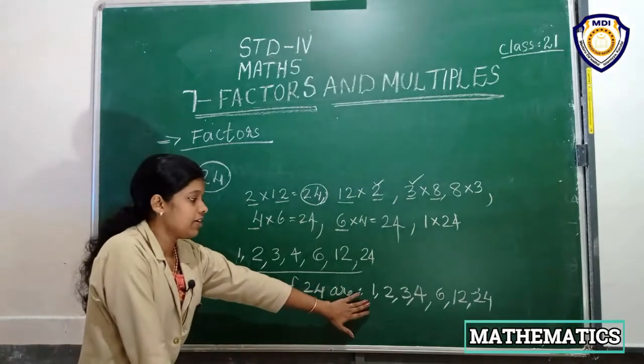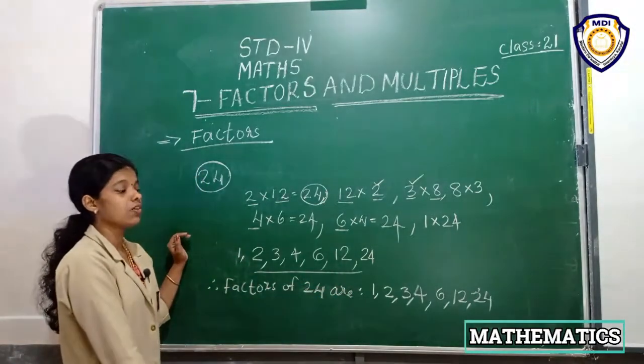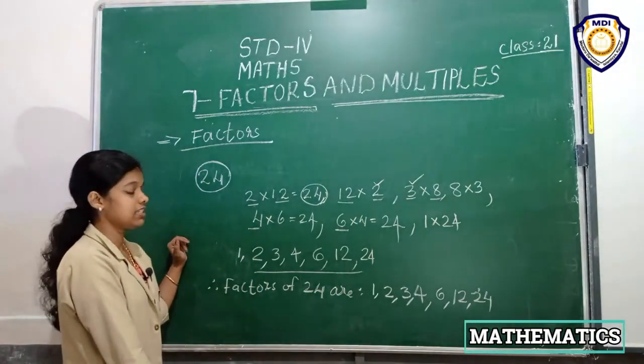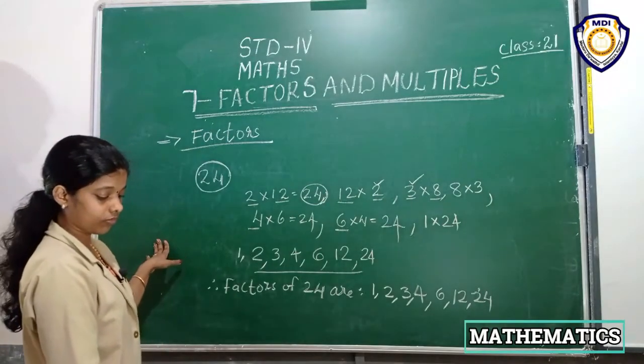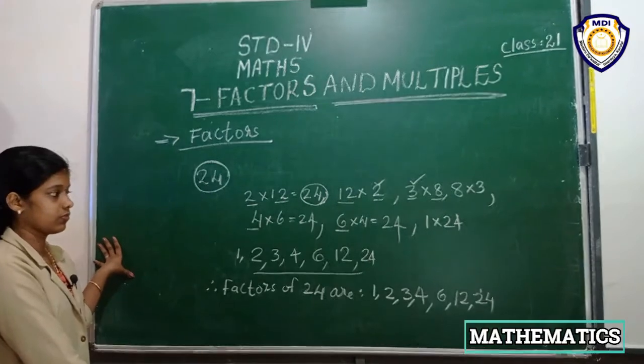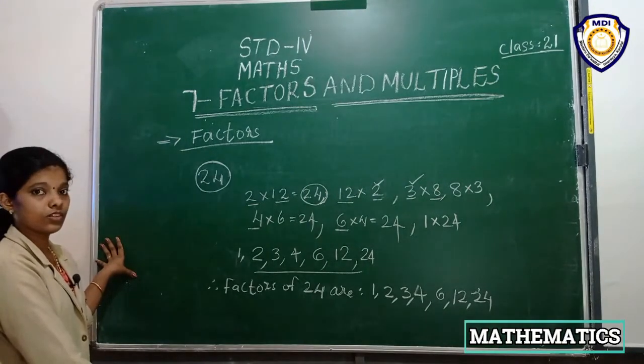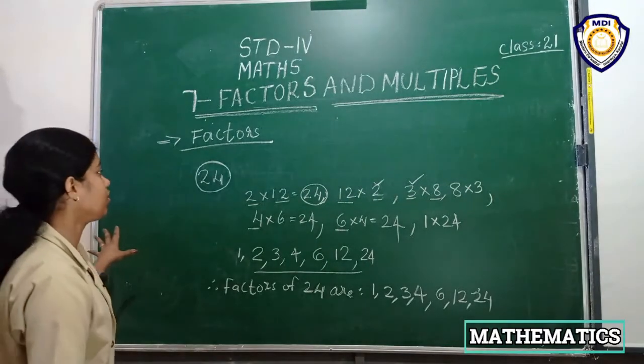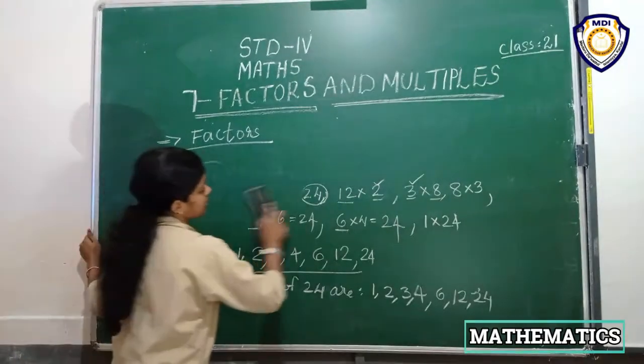We get the answer 1, 2, 3, 4, 6, 12 and 24. Okay. Write it. Did you finish? Okay. Consider another number.